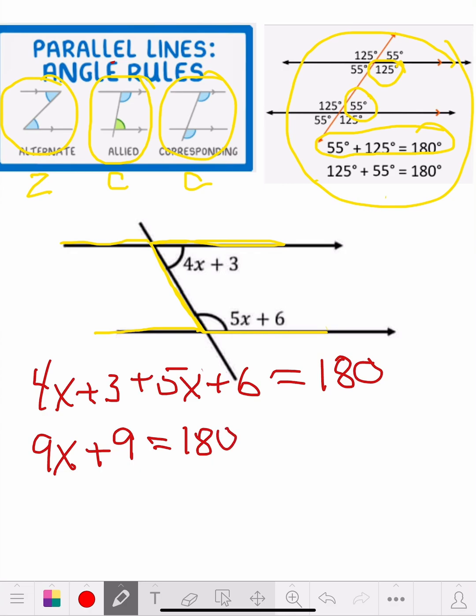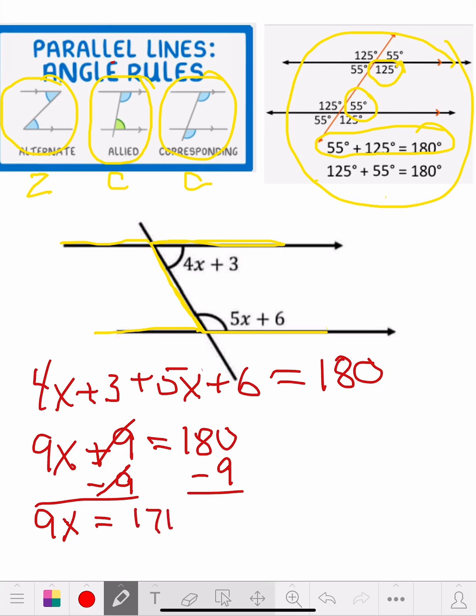Now, our goal is always get the x by itself. So how do we do that? We got a plus 9, so we subtract 9. And what we do to one side, we got to do to the other side. So here, the 9x gets carried down, these two cross each other out, equals 171.